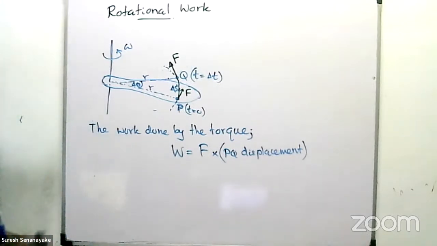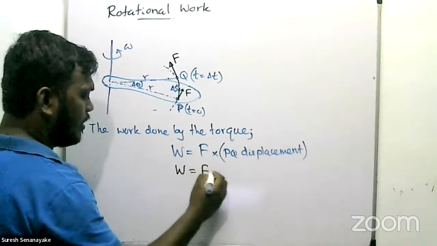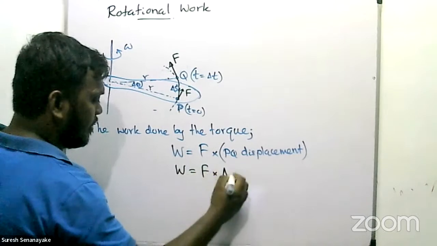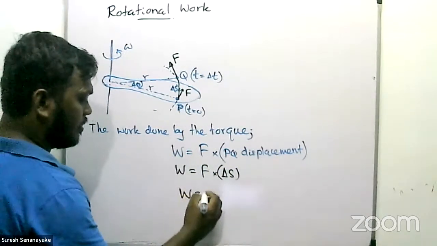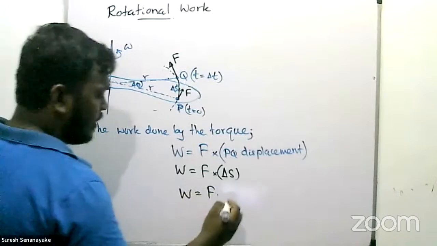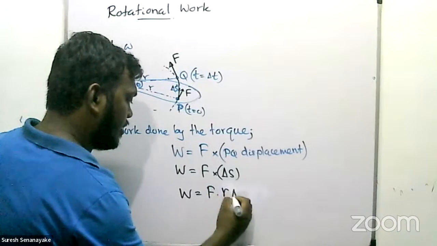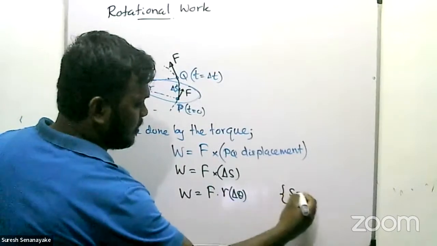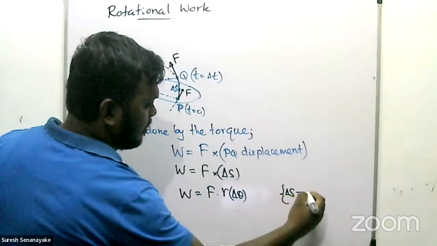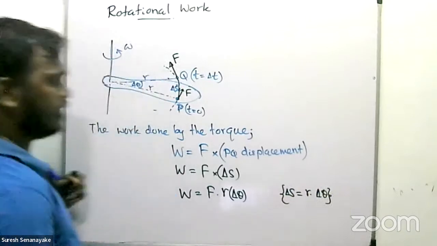The general equation we discussed: the displacement equals R delta theta, since the arc equals R theta.